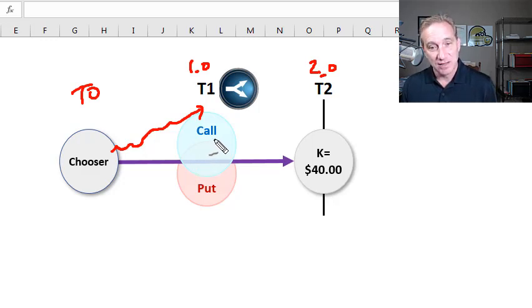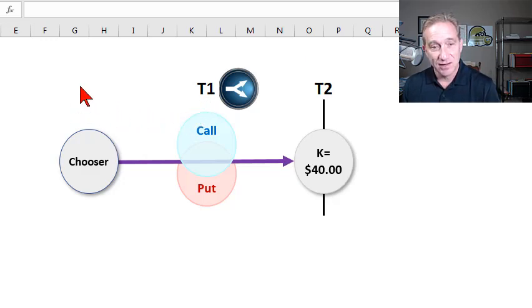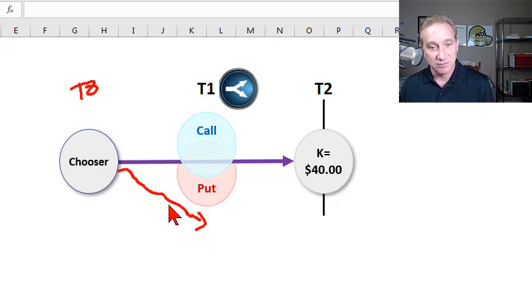At that point, we hold a call option with a remaining maturity of T2 minus T1. On the other hand, suppose we purchase that same chooser option at T0, but the stock price unexpectedly drops.